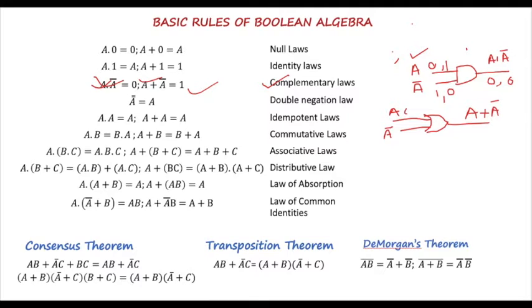So if A equals 0, then this input will be 1, so the output will be 1. Now when A equals 1, then this input will be 0, and the output will also be 1.